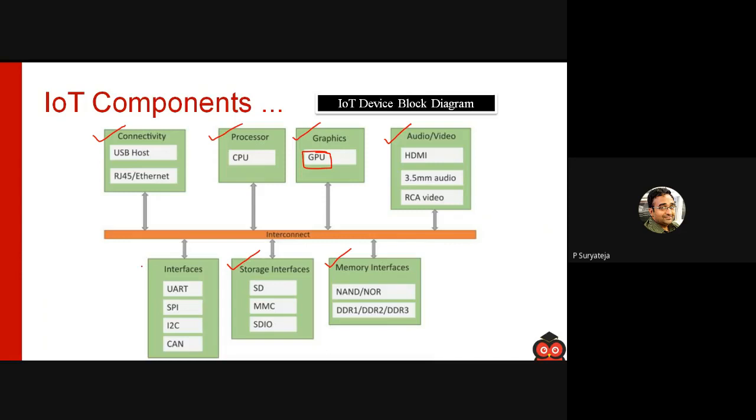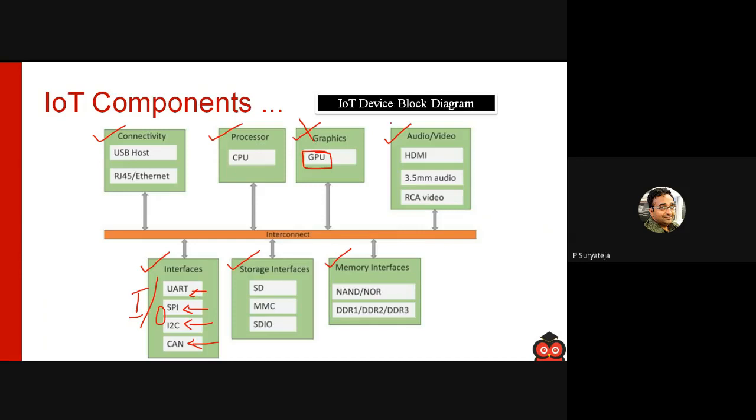And every IoT device will have some form of input and output. So this is IO, input output interfaces. These are different technologies that can be used for different forms of IO.